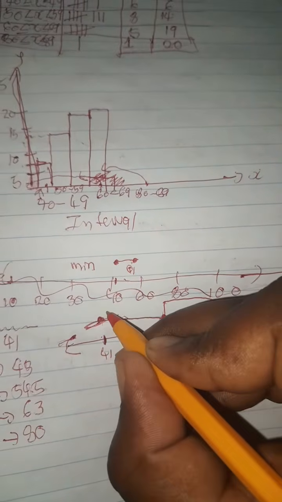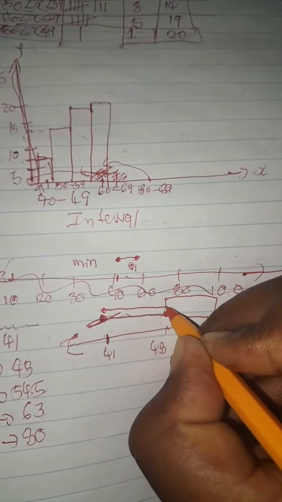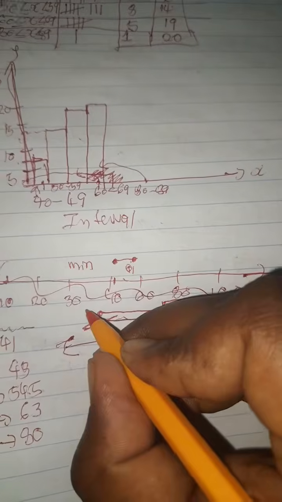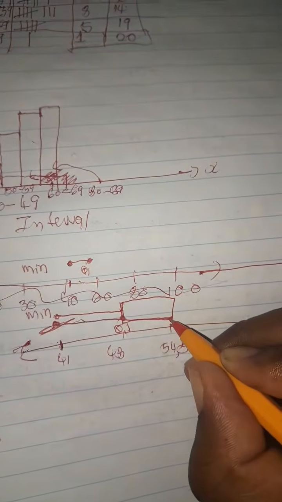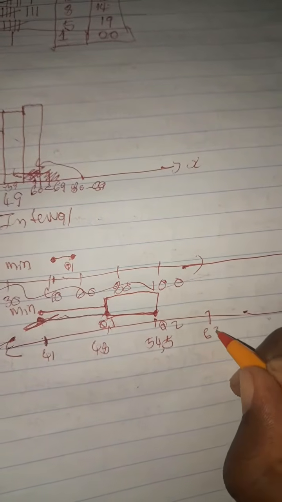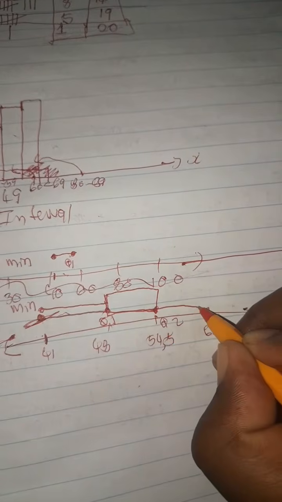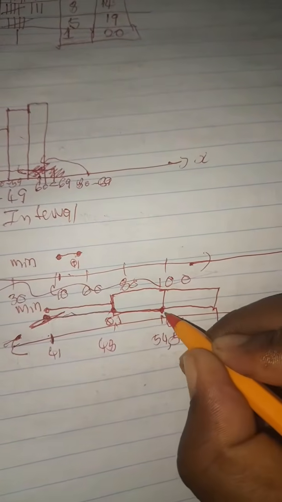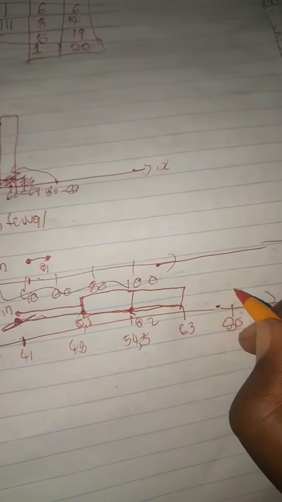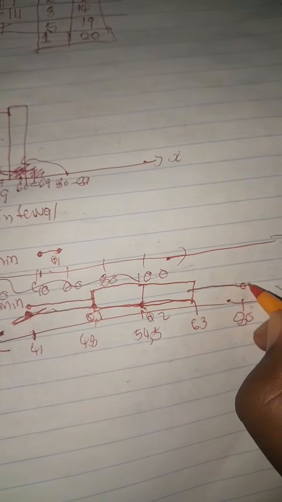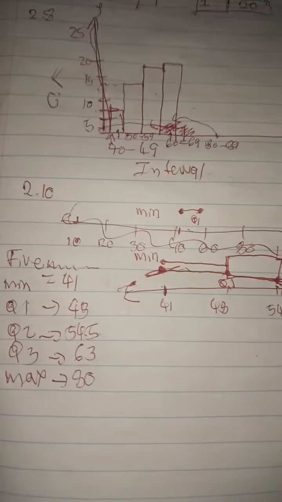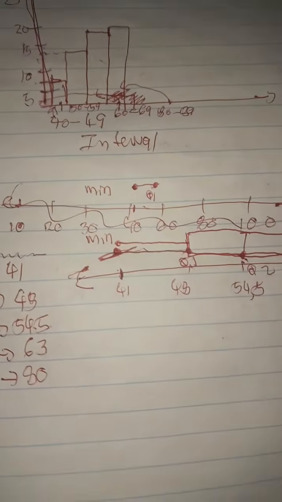Sorry for that, it should be like this. This is our Q1, this is our min, and this is Q2. Then we have Q3 is 63. Then we have 80 as the maximum. Use a ruler, yours will be much more accurate. So this is how you can draw a box and whisker diagram. You must have a 5 number summary to draw it.